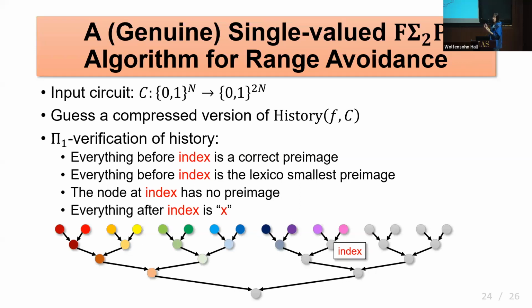So actually, this is a complete description of the single-valued Sigma 2P algorithm for range avoidance. You just guess a compressed version of the history, then you use an NPR code to verify it. Then you can read off the non-output from the history.